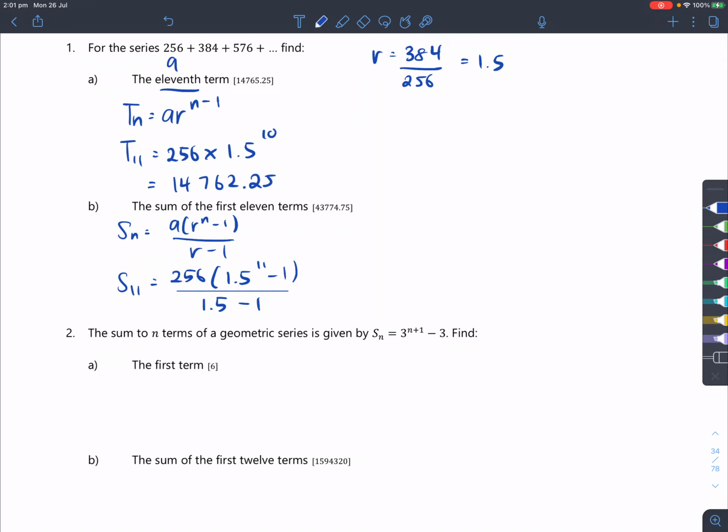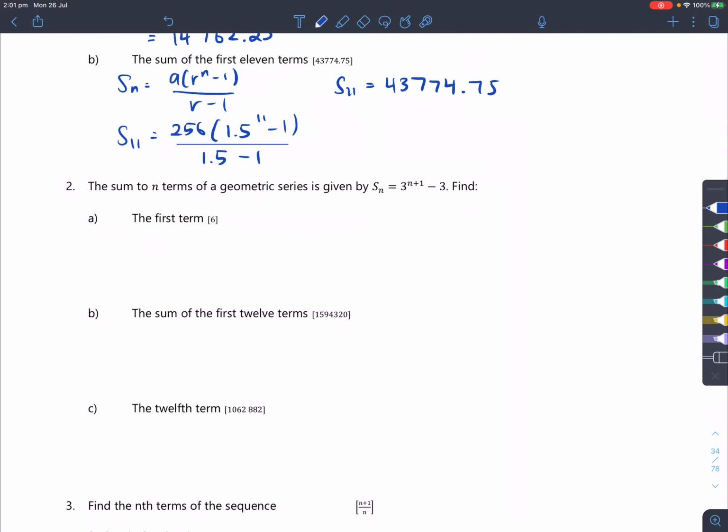By putting that on my calculator, I do get S11 equal to 43,774.75.